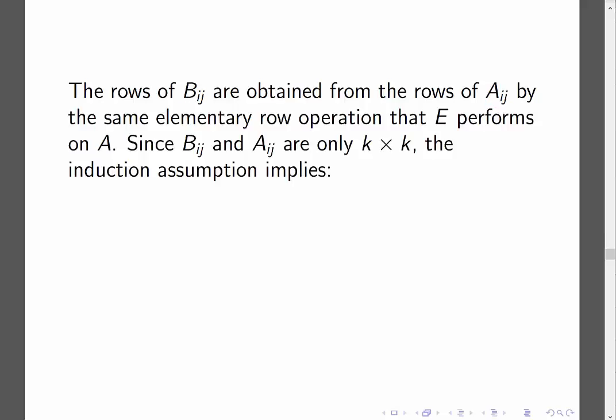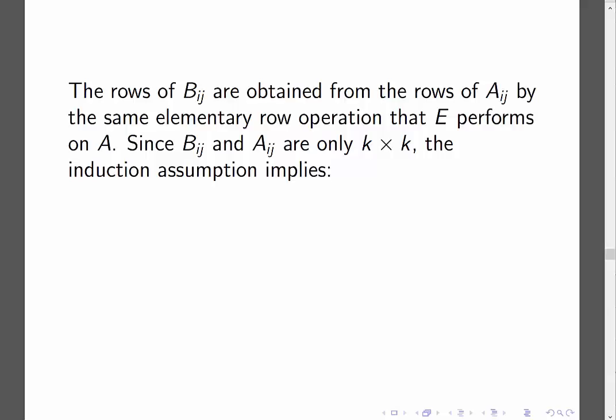Okay, so since Bij and Aij are only k by k, our inductive assumption works. Again, in proofs by induction, we always have to use the kth case to prove the k plus 1 case.